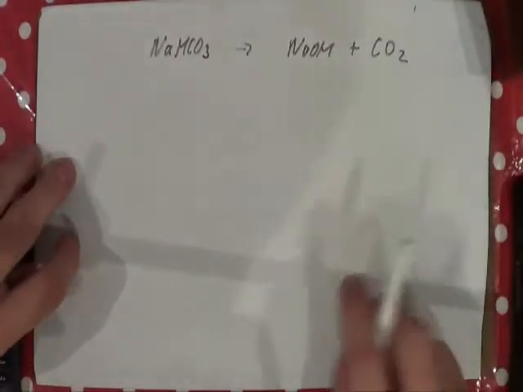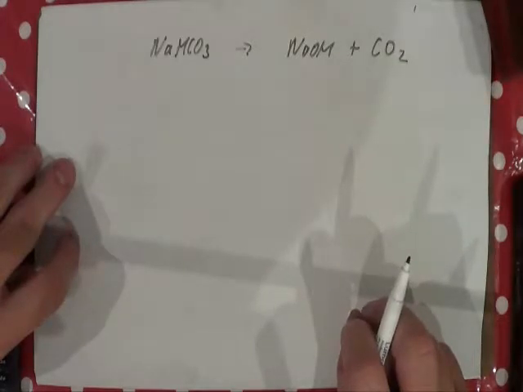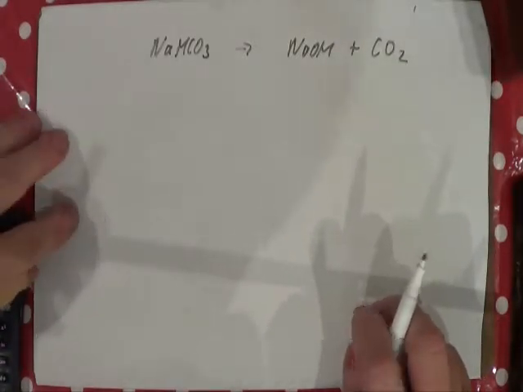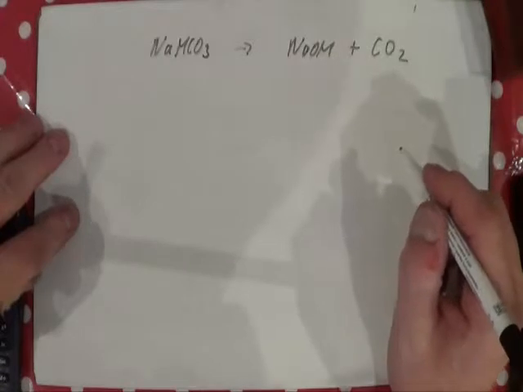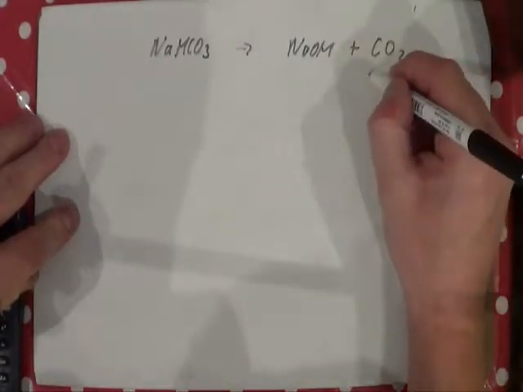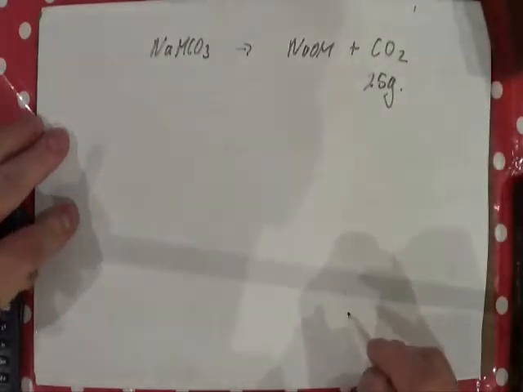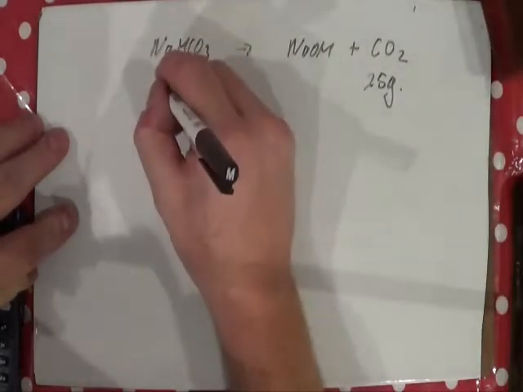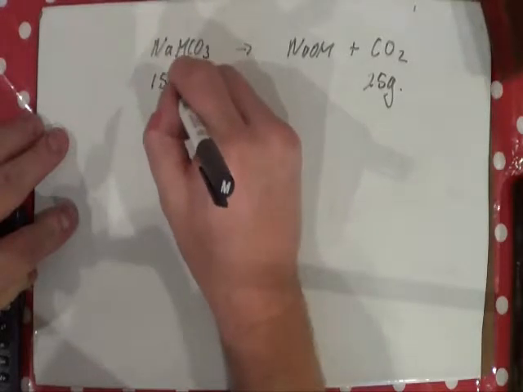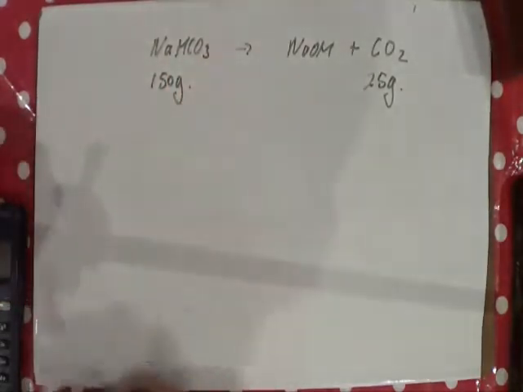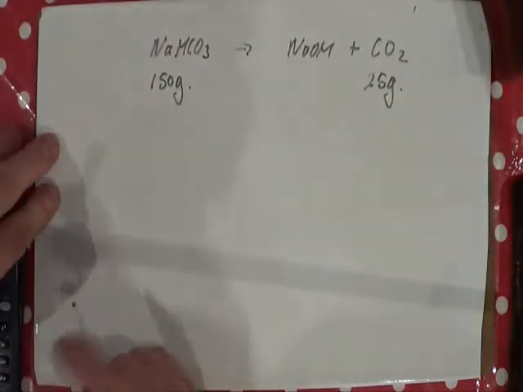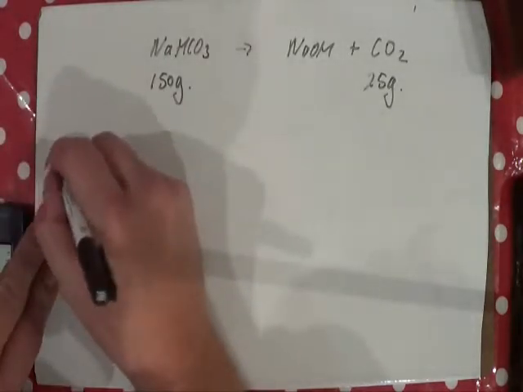Okay, so we'll say that we made 25 grams of that. And let's say we started off with 150 grams of sodium hydrogen carbonate. So we're going to again work out our percentage yield.